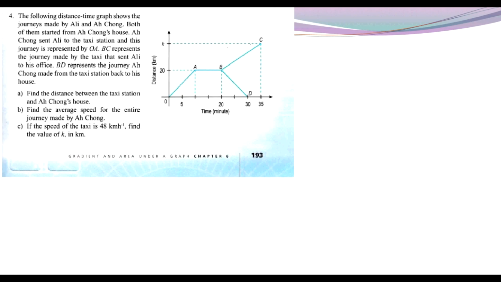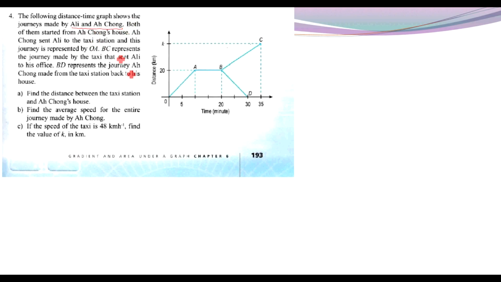Now, this is actually an SPM-format question. Example. So let's discuss. You are given a diagram and sentences that you need to read and understand. Let's read. The following distance-time graph shows the journey made by Ali and Ah Chong.